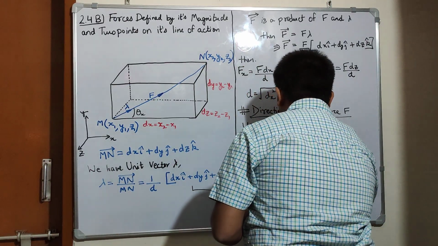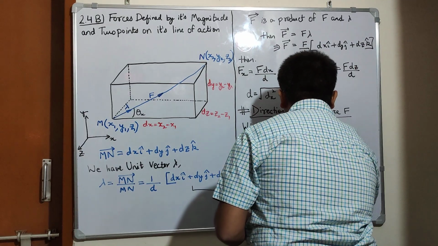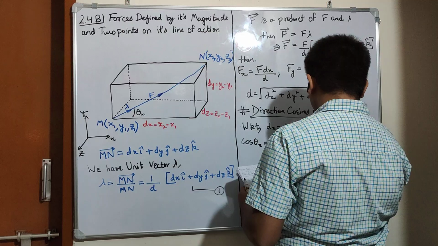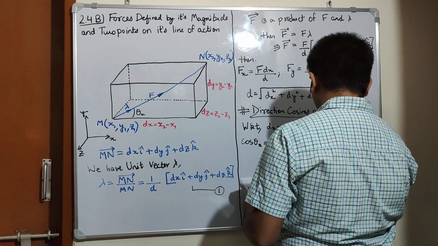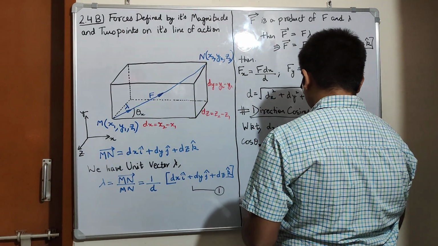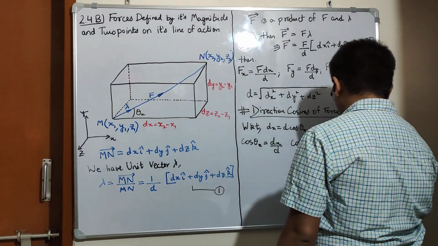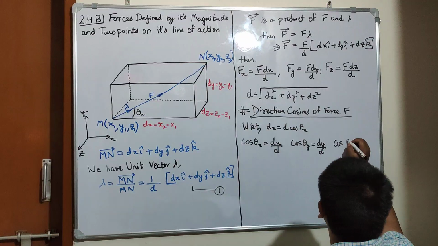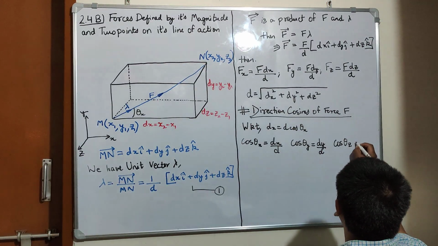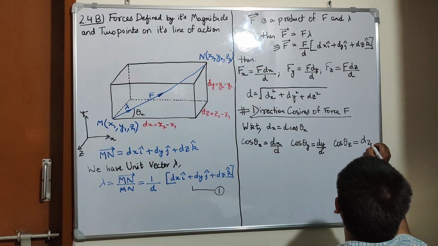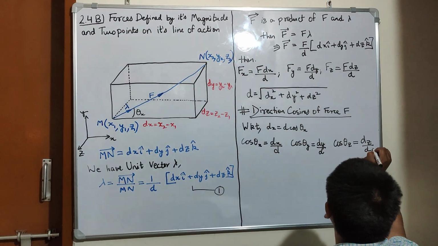cos theta y equals dy by d and cos theta z equals dz by d.